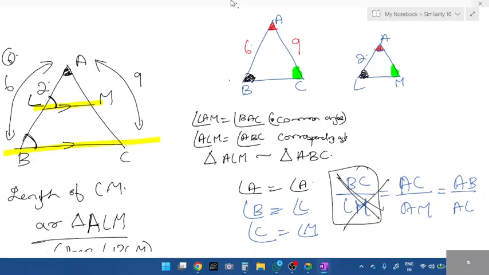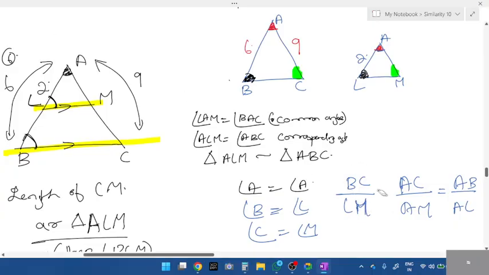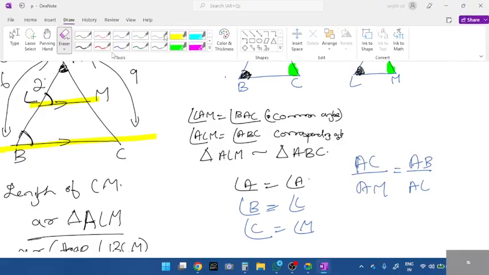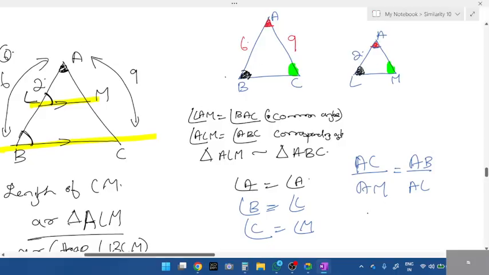Ignore this. Take the other four things. Is this clear? Understood how to take the values? Look, I've taken these four, students. Substitute the values. Is AC given? What is AC? 9. What is AM? AM is as it is. Next, what is AB?